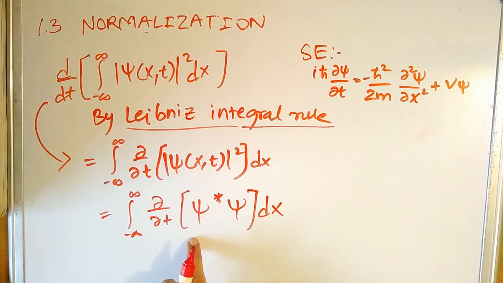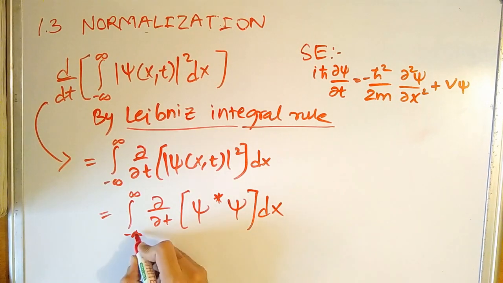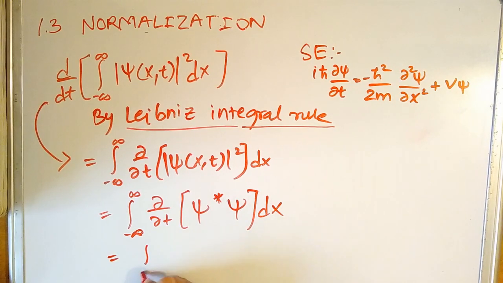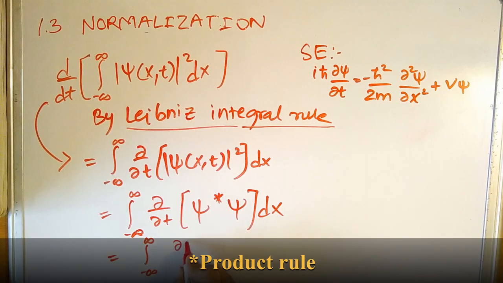So on applying the chain rule for differentiation, we can also write it as the integration from minus infinity to infinity of dou psi star by dou t into psi.